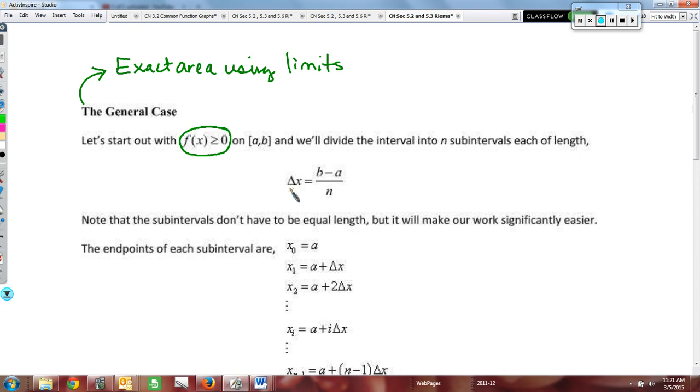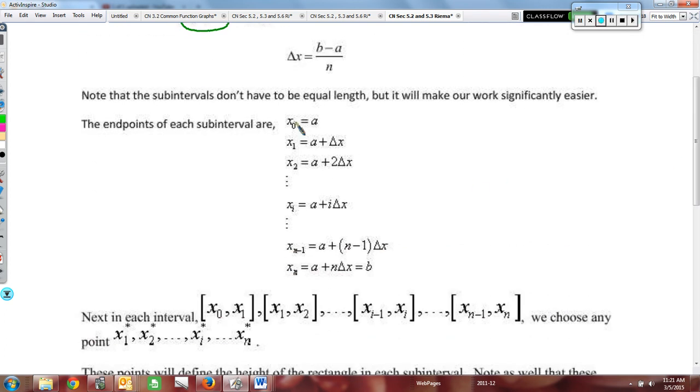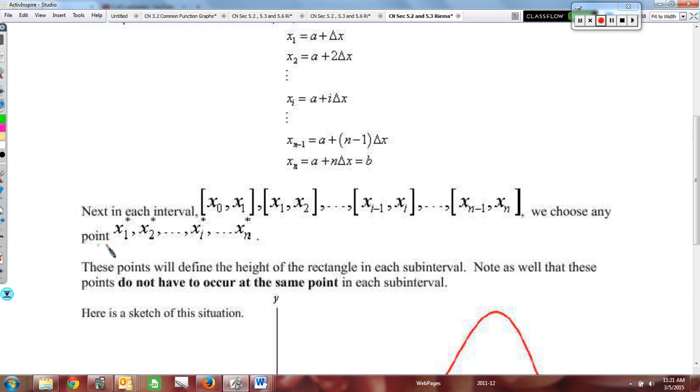We calculate our delta x, dividing it into subintervals of each length. We look at the endpoints of each of the intervals, and from each of these little subintervals we choose a point, the c sub i's in the interval. You can choose a left, a right, a midpoint, or any point in between.